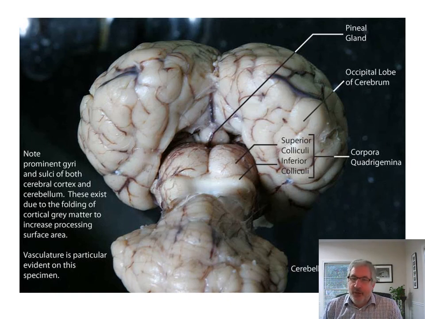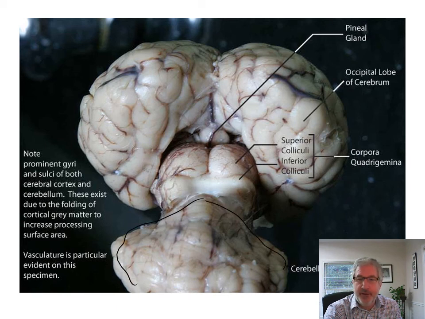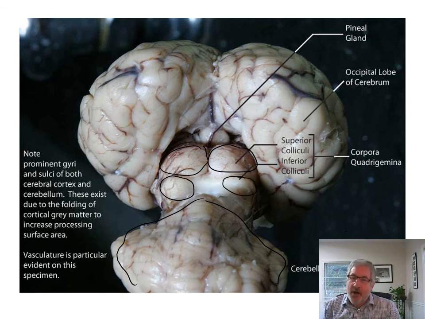Here is a sheep brain dissection, and this is looking from the posterior side. So you have your cerebellum down here. This is your cerebellum, all this part down here. And here's a superior colliculus. Here's another superior colliculus. Here's an inferior colliculus, and here's another inferior colliculus. So you've got those four bodies.